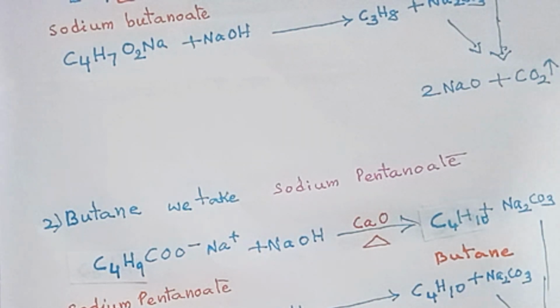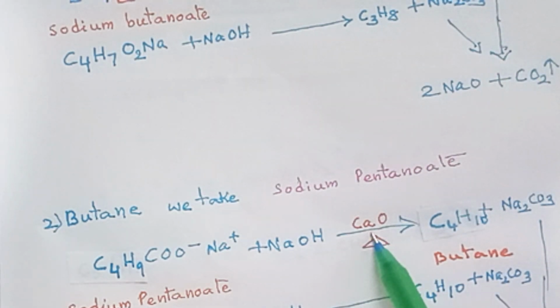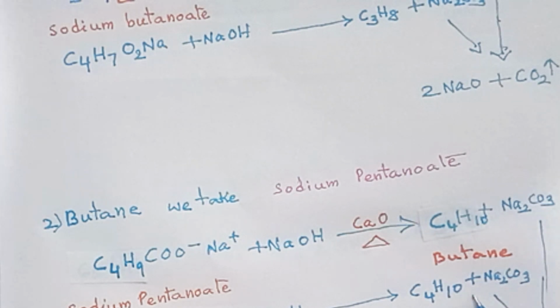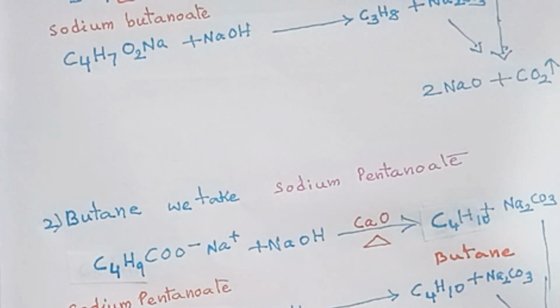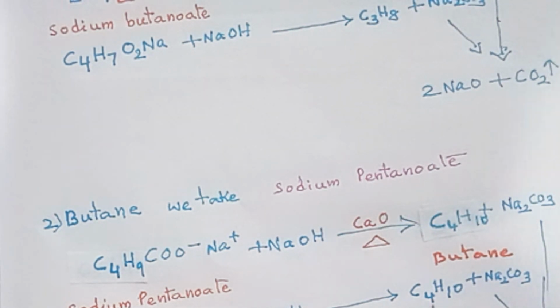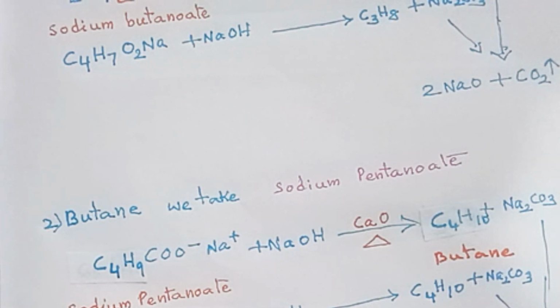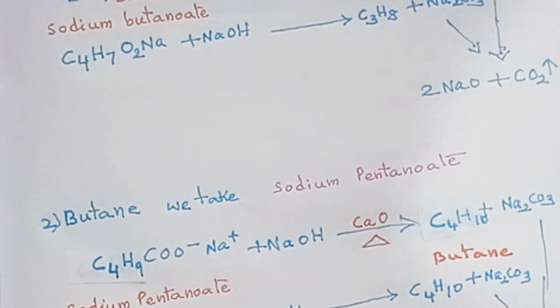This upon reaction with sodium hydroxide in presence of calcium oxide gives C4H10. This is butane. Here the carboxylic acid salt has 5 carbon atoms. Butane has 4 carbon atoms, 1 carbon atom less. And sodium carbonate dissociates into sodium oxide and carbon dioxide. So this is a decarboxylation reaction.